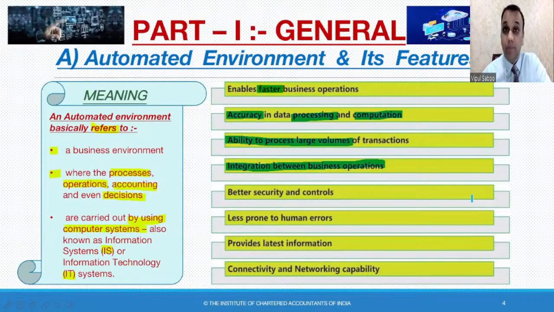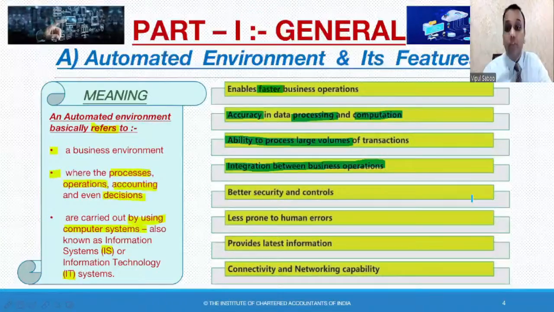In the system, it automatically flashes or mails or gives a notification to the material requisition department that yes, this is the order we need to place as per the requirement of the purchase department. So there is integration between different business operations.